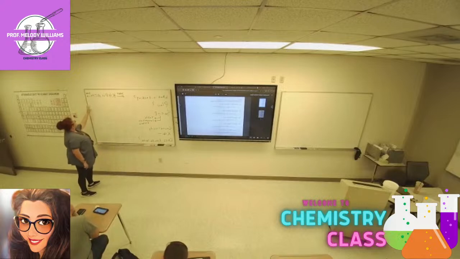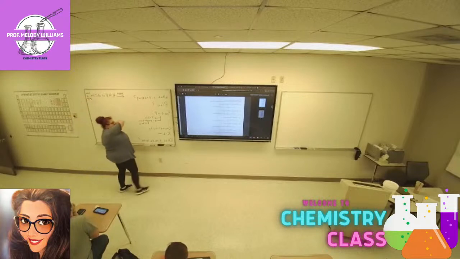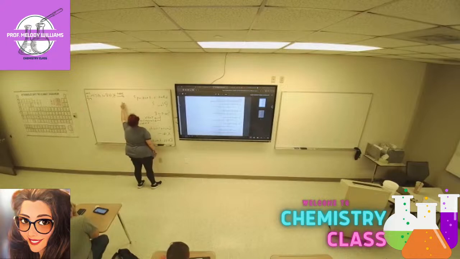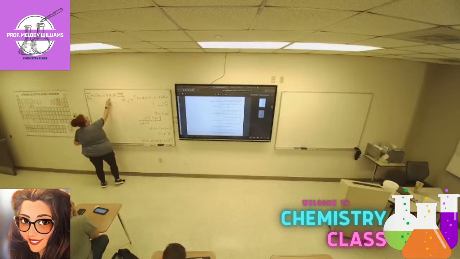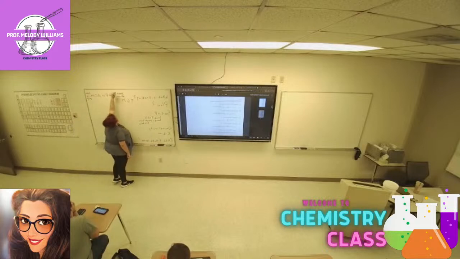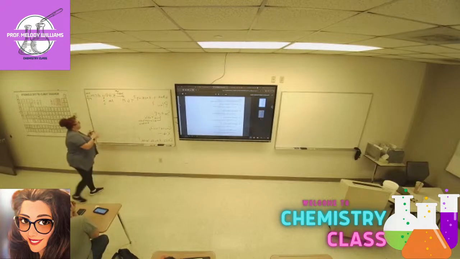So we've got milli, micro, pico, and nano. Here we got mega, giga, and tera. Each one of these is 1 step. So 3 steps equals 3 decimal places. 1 step here is 1 decimal place. Our units are grams, meters, and liters.